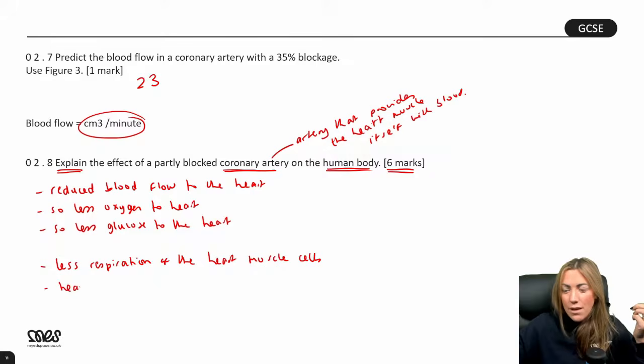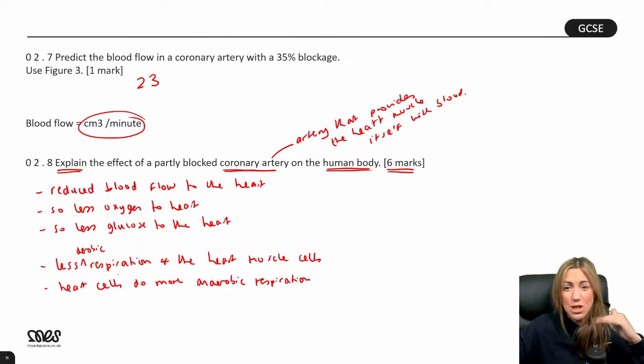Potentially, the heart cells do more anaerobic respiration. Because they are getting less oxygen, if they're doing less aerobic respiration, then potentially they're doing more anaerobic respiration.